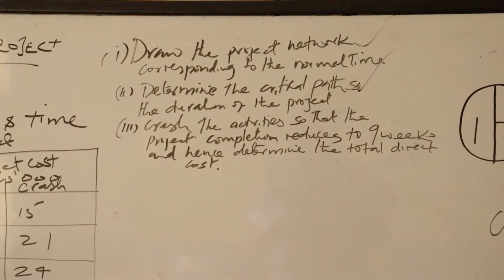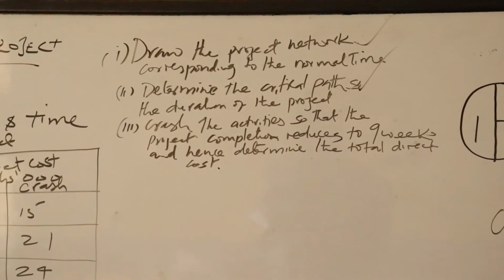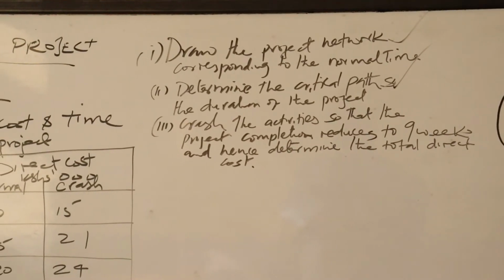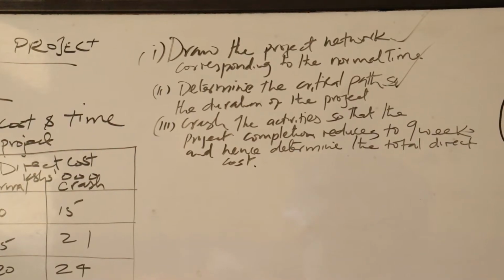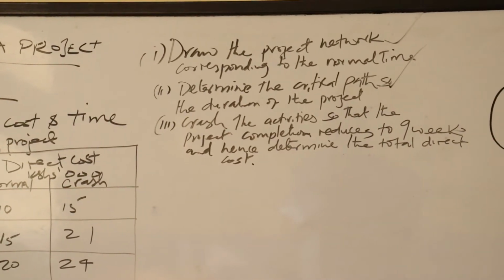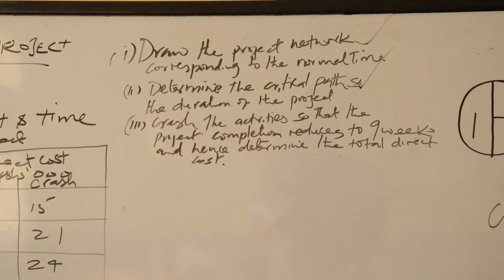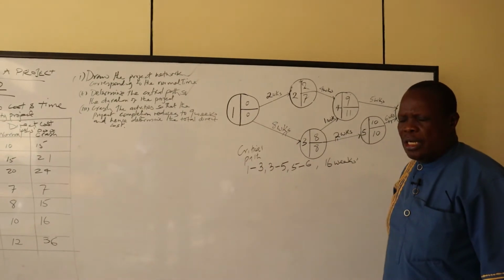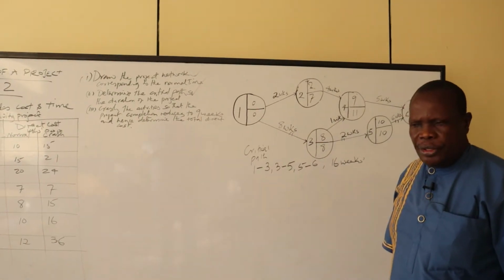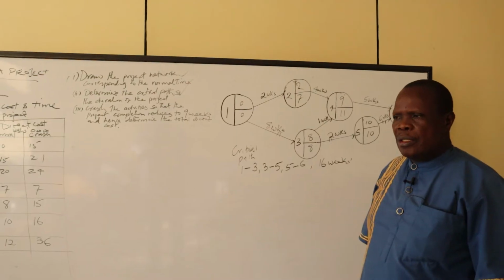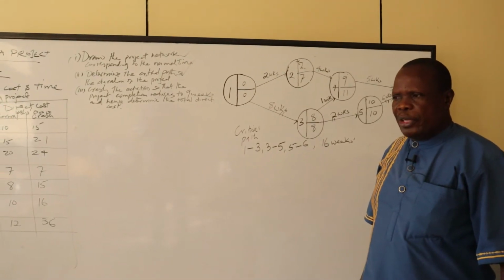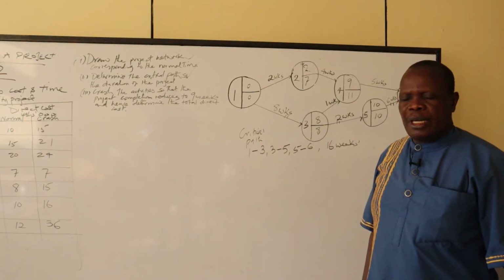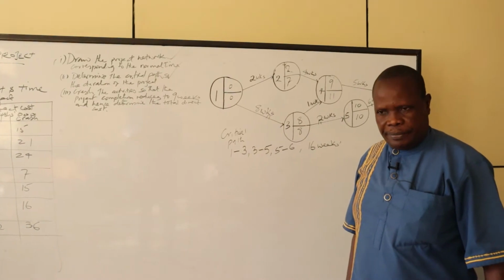The next thing is I want to crash the activities of this project so that the project completion reduces to 9 weeks. Hence I'm going to determine the total direct cost. I had said in the previous lesson that for you to crash the project, we must determine the cost slope for each activity.